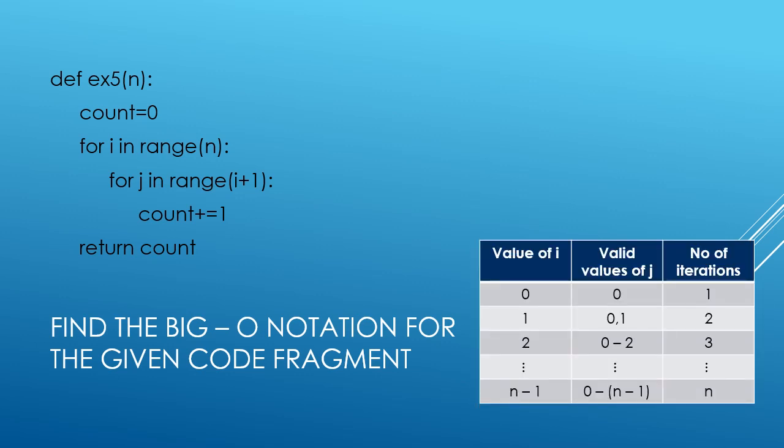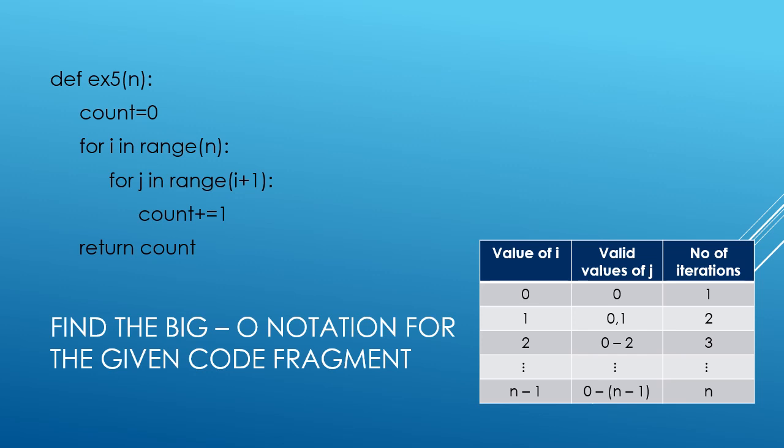When the value of i is 0, the loop of j iterates only once for the value 0, and the number of iterations is 1. When the value of i is 1, j has valid values of 0 and 1, so there are 2 iterations.